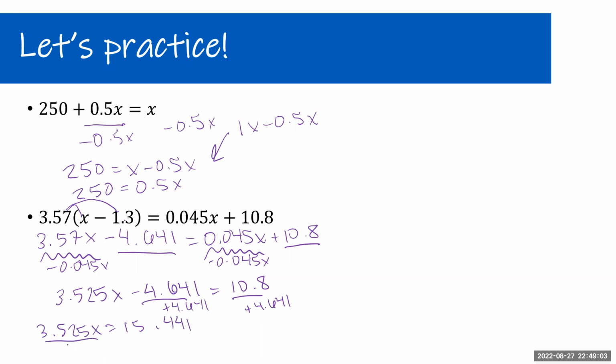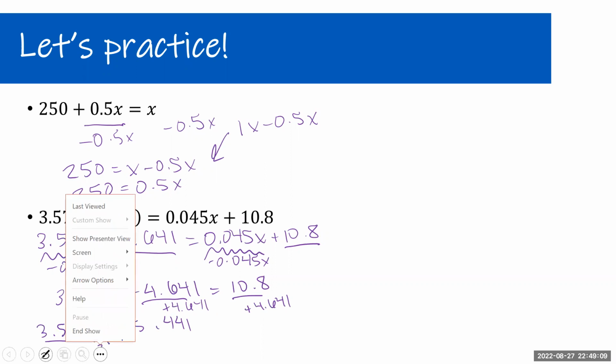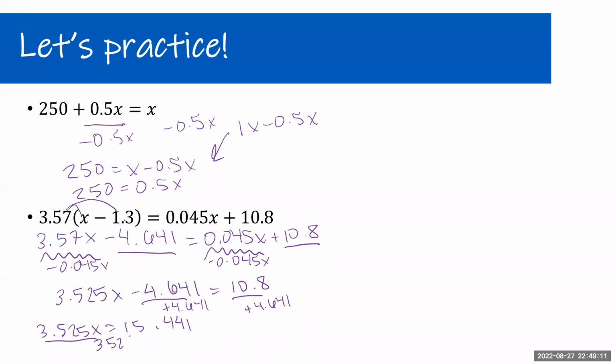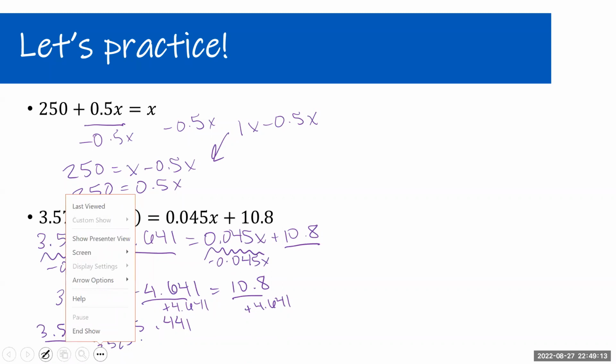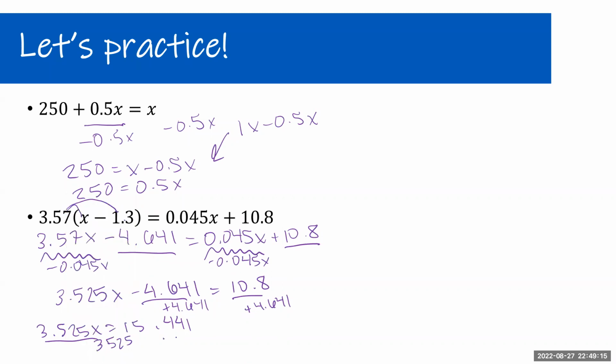And now if I divide everything by 3.525, that is going to give me that x equals 4.38. So divide both sides since we've multiplied.